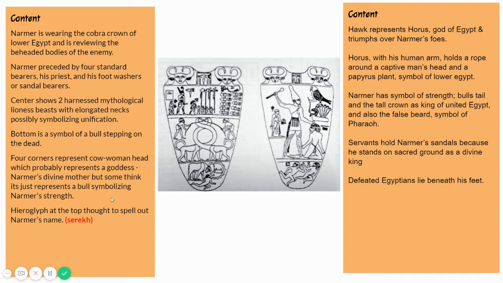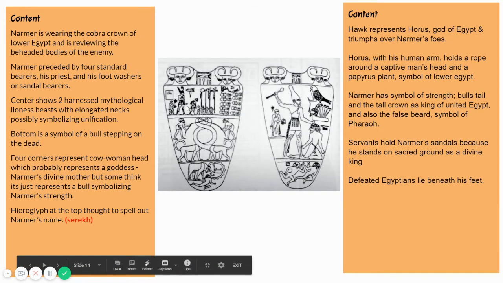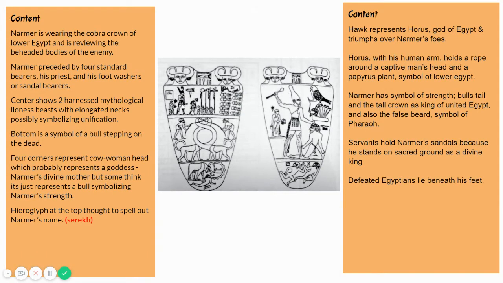So over here on the left side, right here, this is Narmer, and he is wearing this cobra crown, which is a symbol of Lower Egypt at this time. Okay, so this is before dynastic periods.